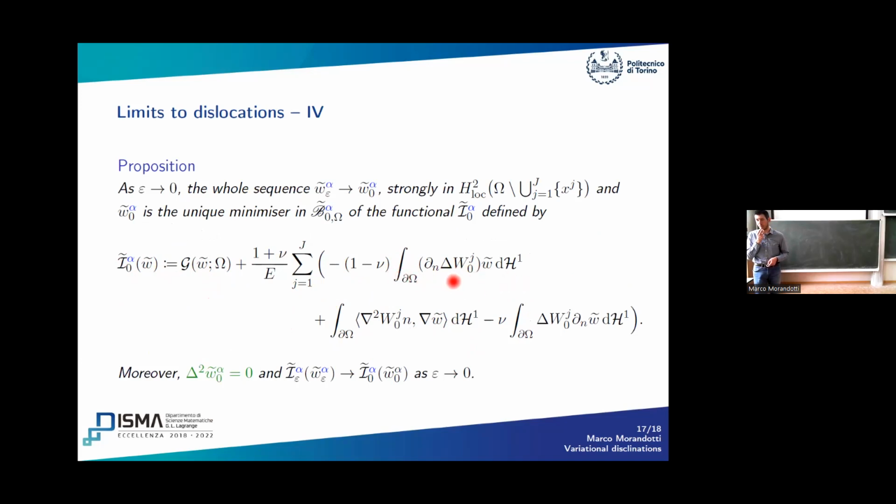So the capital W's are those coming from the dislocations, and they interact in a non-trivial way with the elastic part. Okay, then we can prove that the elastic part is biharmonic, so it really corresponds to something which is compatible in the physical world, and the minimal energy converges to the minimum of the energy as epsilon goes to 0, which is the last statement there.